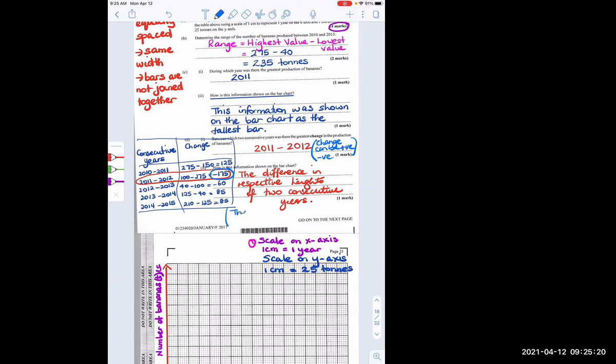The difference between the bars is larger than any 2 consecutive years, whichever answer you wish to write.